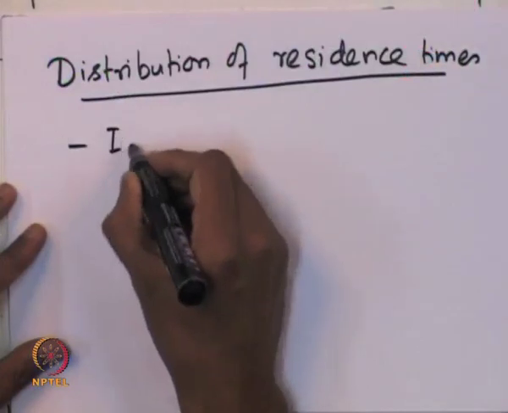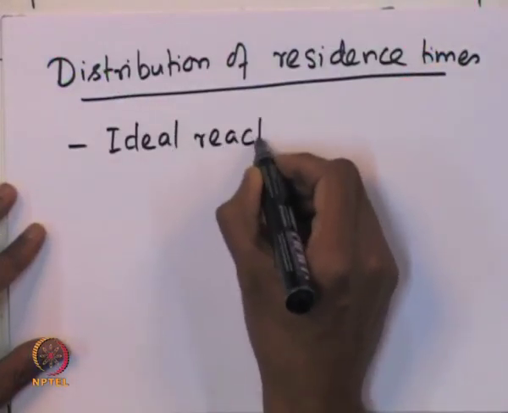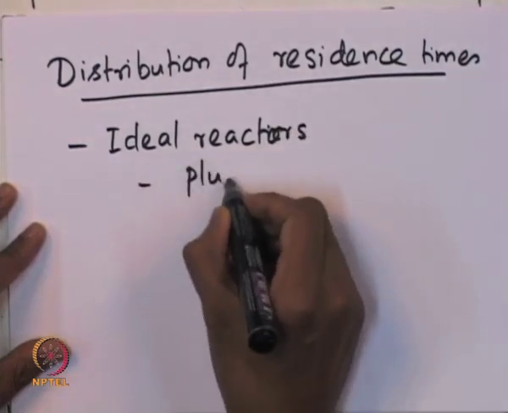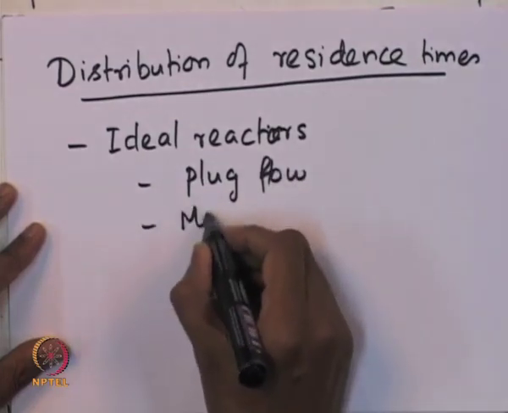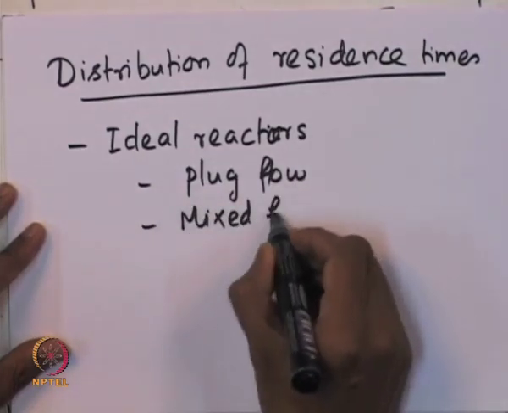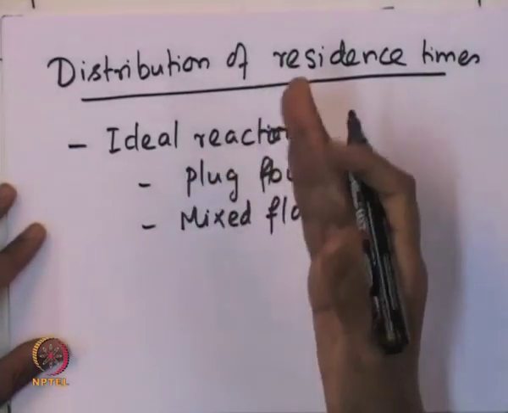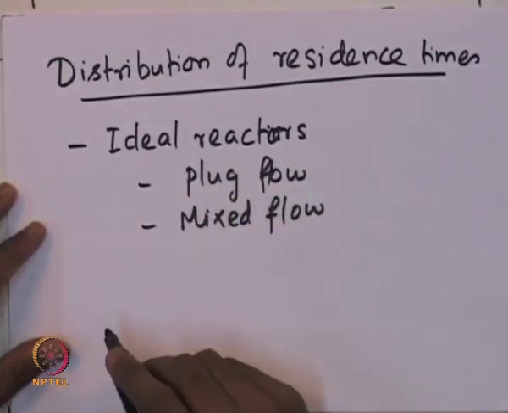Now, it turns out that the ideal reactors, that is all the reactors that we have looked at so far, are the plug flow and the mixed flow reactors. These are all ideal reactors, and it turns out that the real world reactors do not behave like the plug flow or the mixed flow reactors.